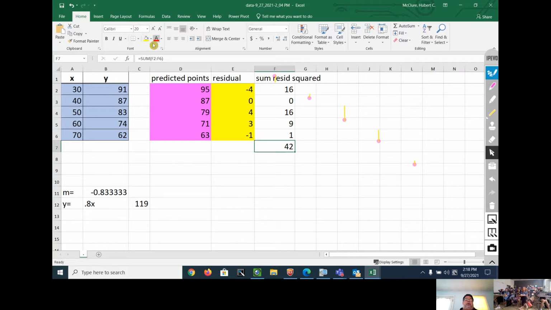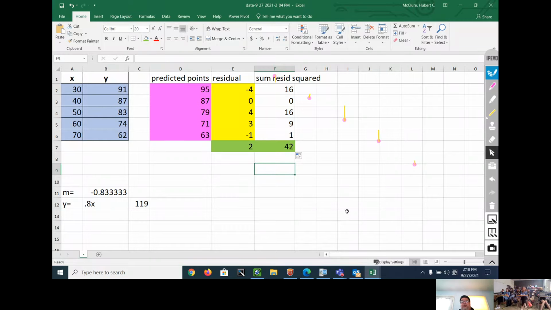So I'm going to put that in green because I don't want you to have to do the residuals, but that's what they're wanting. They may ask you for just the residual, the sum of the residuals, but this is the sum of the residuals squared.